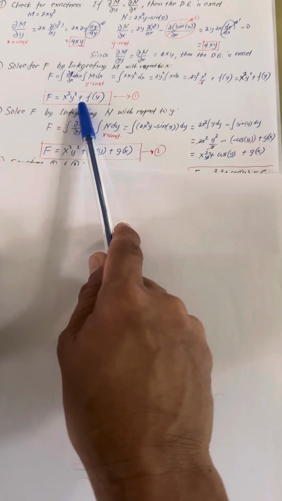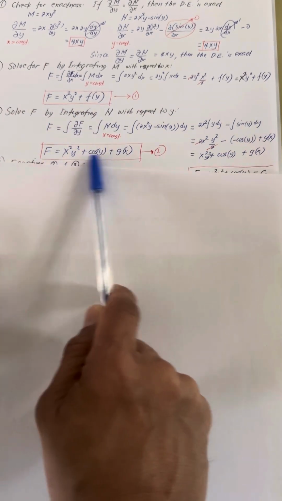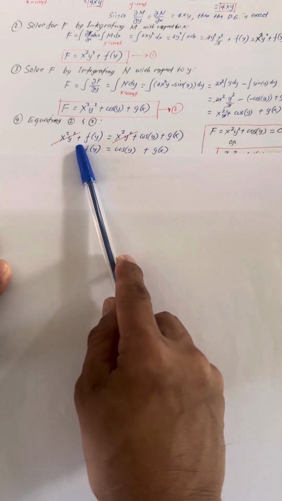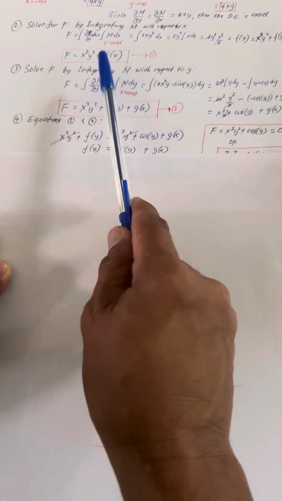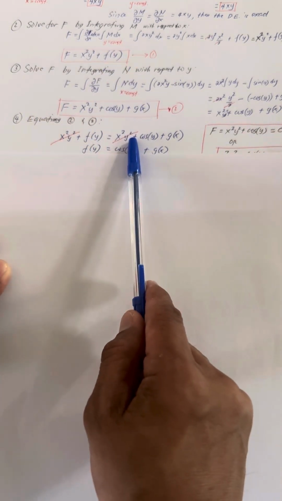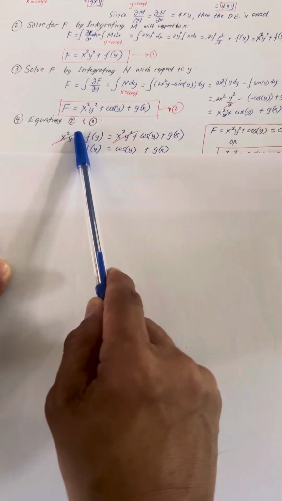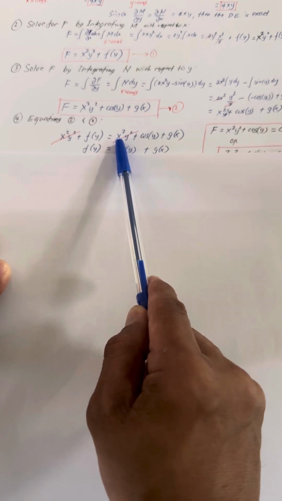So next step is to equate the two, equation 1 and 2. So we have f, this is the value of f. We have f also, the value of f. So you equate the two equations and then we will get the result that we are looking for. Okay, so this is the result. This is the right side of our equation 1. This is the right side of our equation 2. So you see on the left side we have this x squared y squared. On the right side we have also x squared y squared.